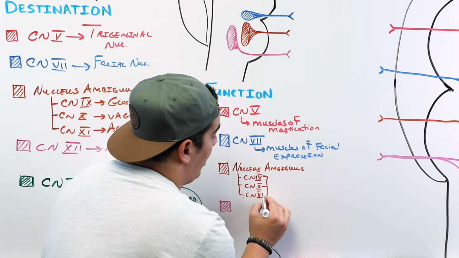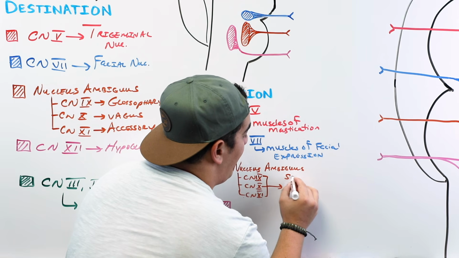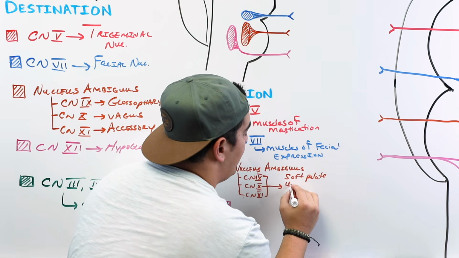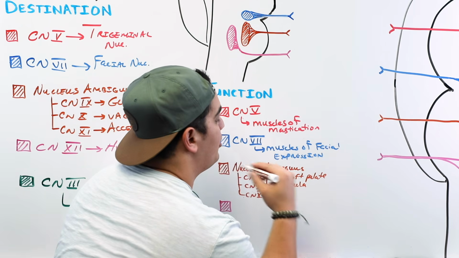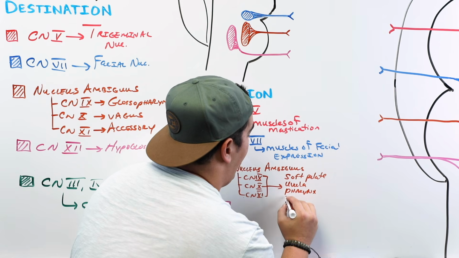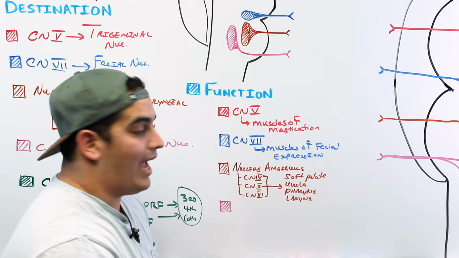All of these combined supply what things? It supplies the soft palate muscles, bunch of those. It supplies the uvula, the punching bag in the back of your throat, the pharynx, and the larynx. And there's a bunch of muscles that are involved in that.